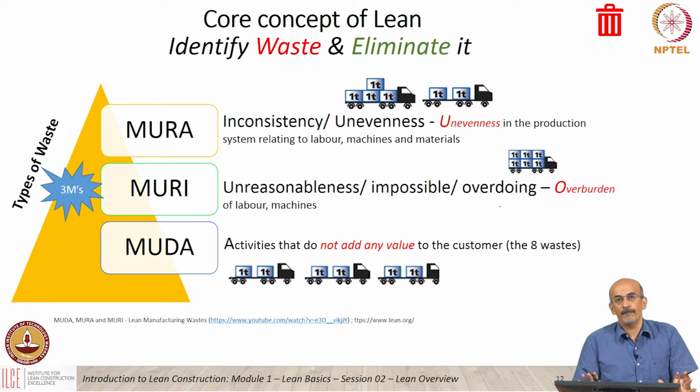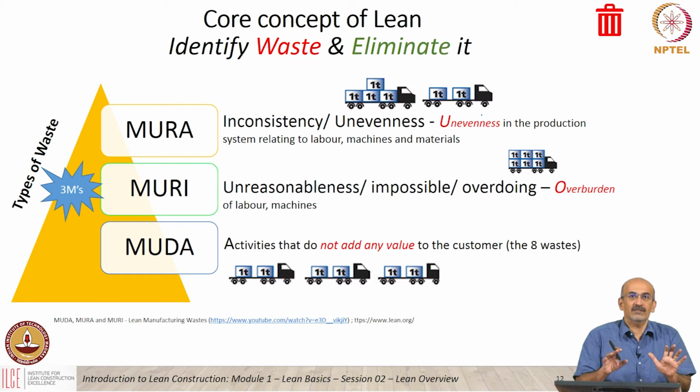Now, all of these are important, and you can see in inconsistency or unevenness, as in the example there, there is an unevenness in the way the trucks are loaded. Similarly, our processes are also sometimes uneven or inconsistent, and this causes other kinds of waste.